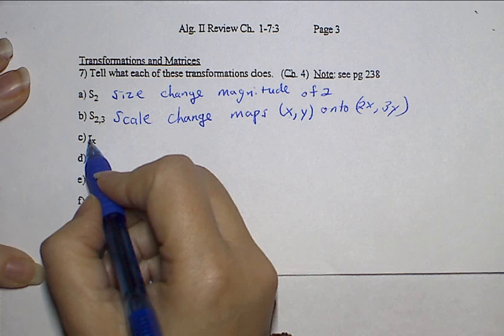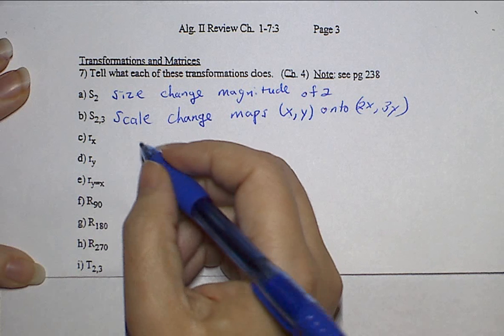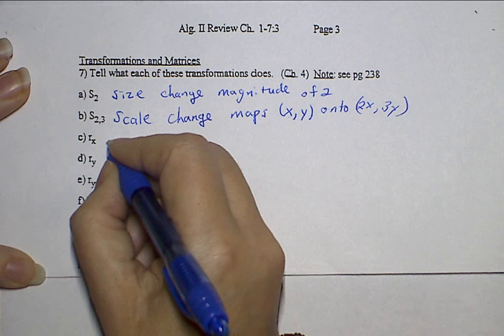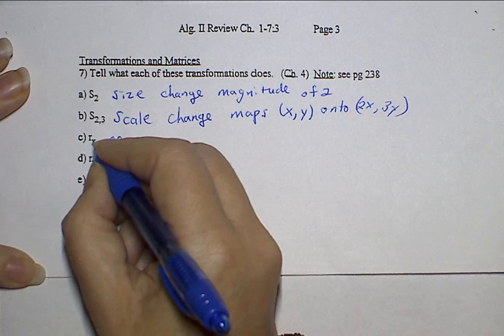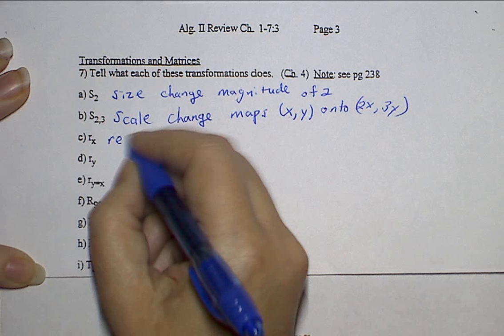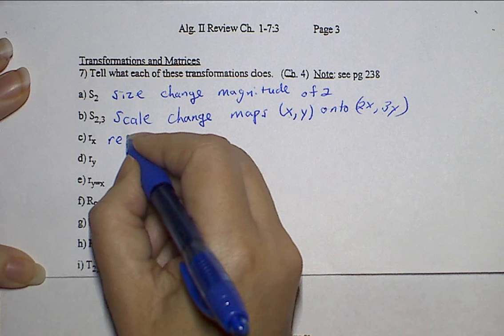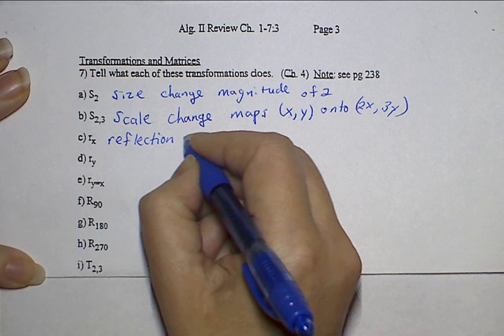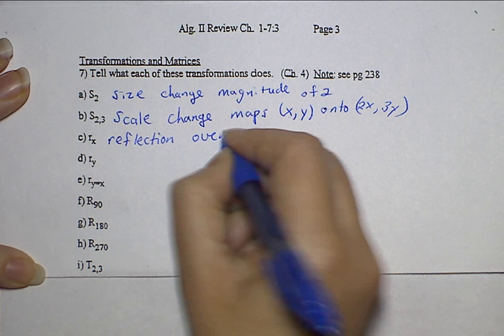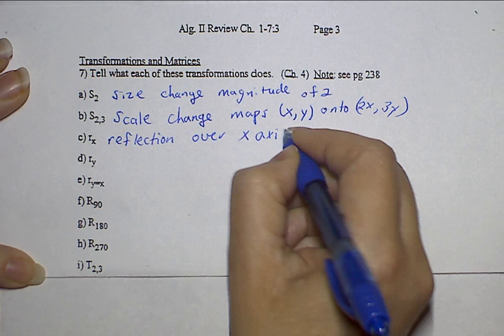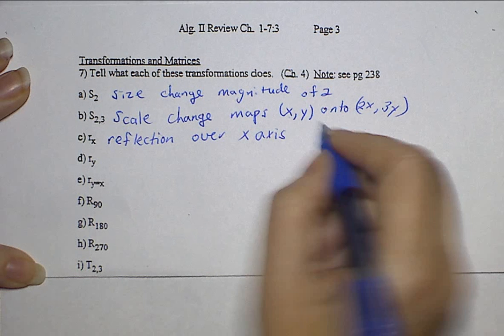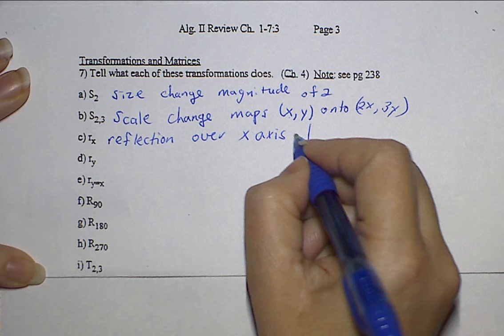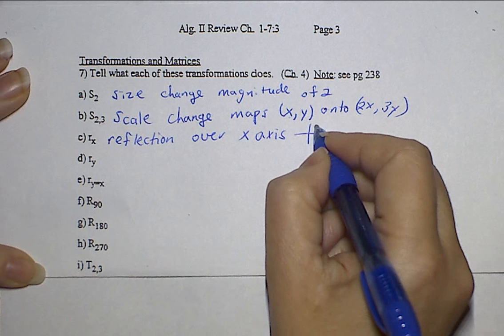The little r, remember what the little r means? A reflection. So this one means that we're going to reflect it over the x axis. So if you're given a point, you're going to be reflecting that point over the x axis.